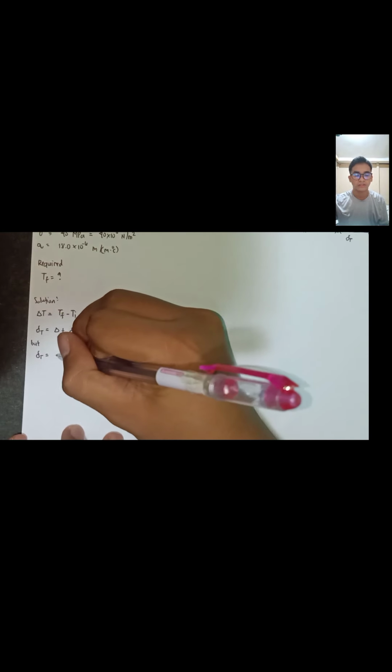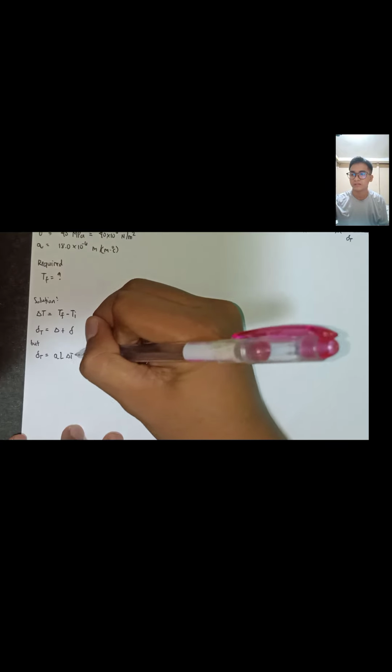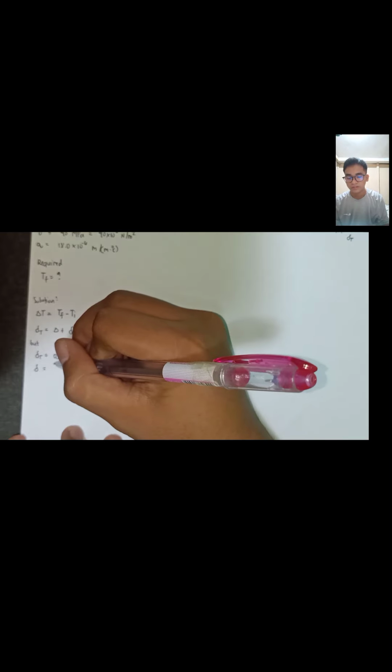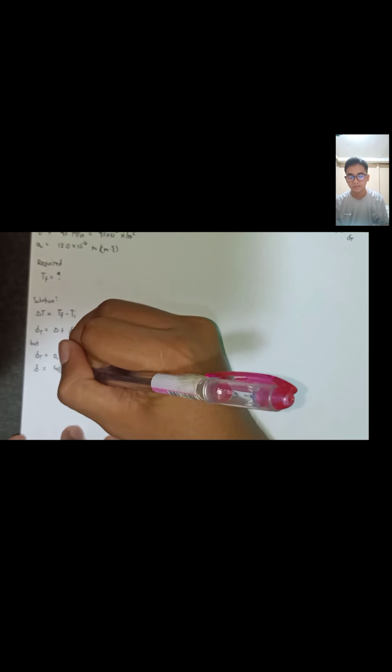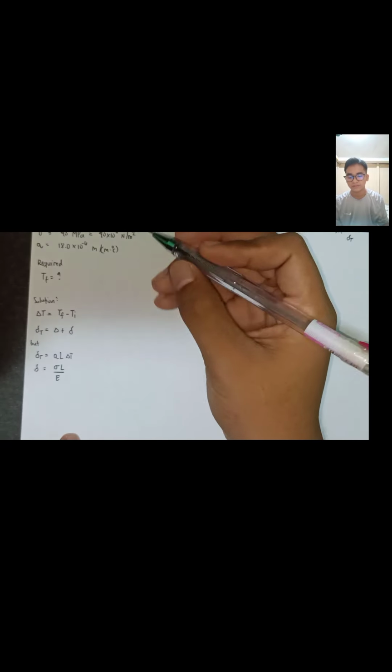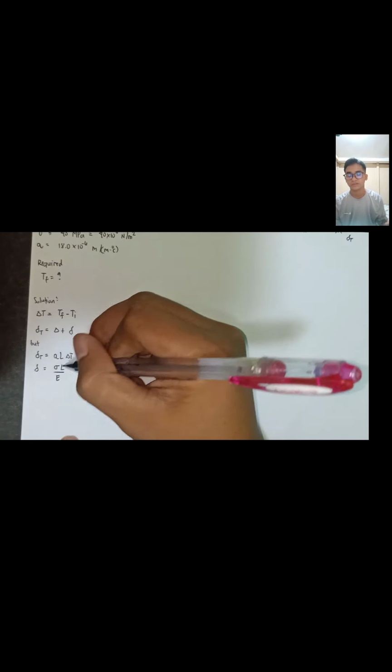So, based dito sa figure, makikita naman natin yung change in deformation due to change in temperature and actual deformation. So, yun na nga, deformation due to change in temperature is equals to alpha times length times change in temperature.